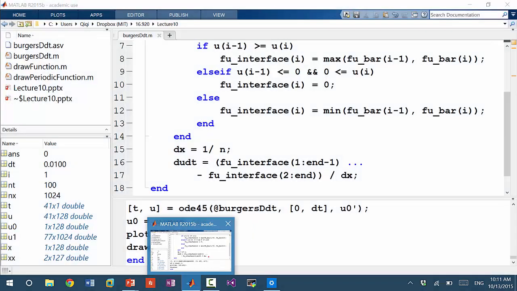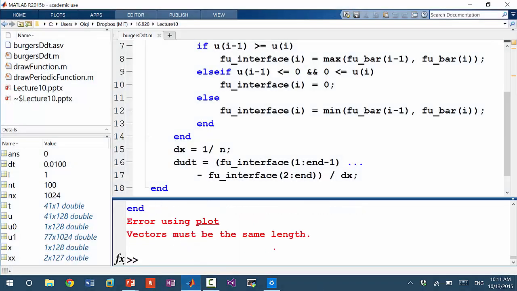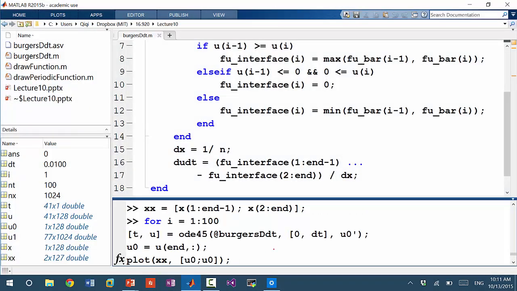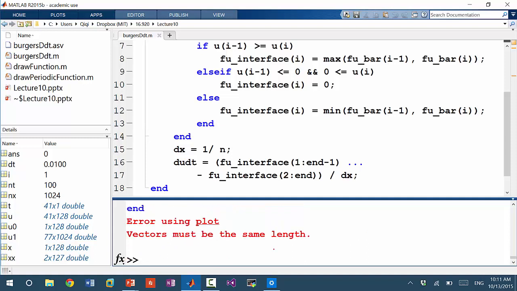I'm going to close that first. So XX is 2 by 120. Oh, okay, so that's the problem. I think my X is more like a finite difference type of X. So what is actually my X?